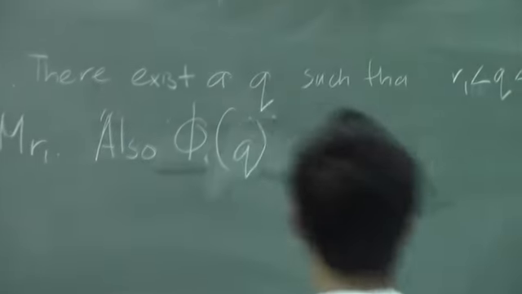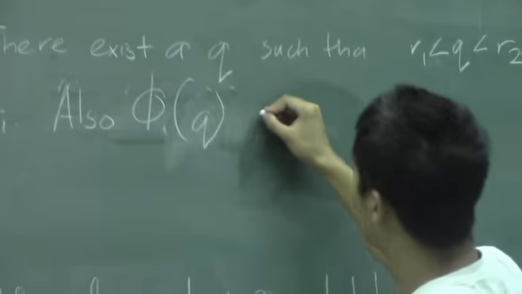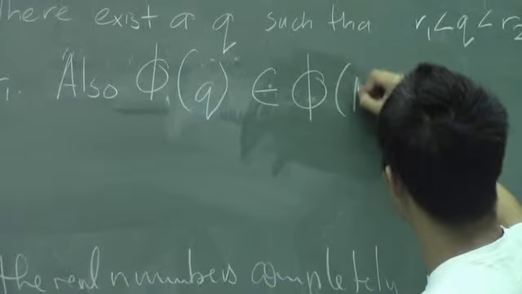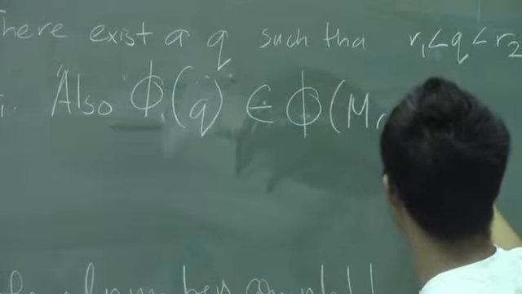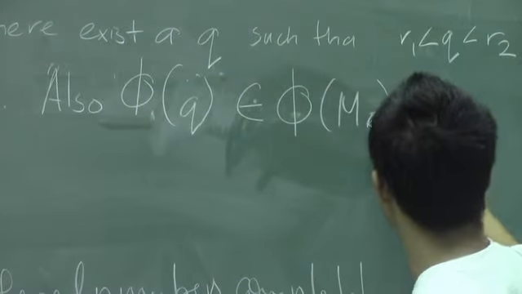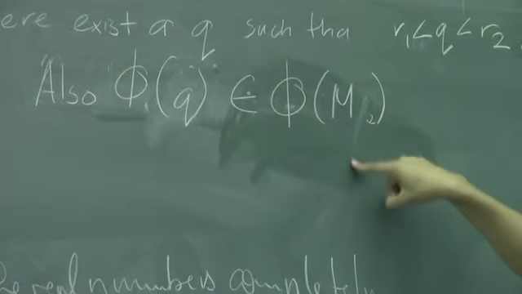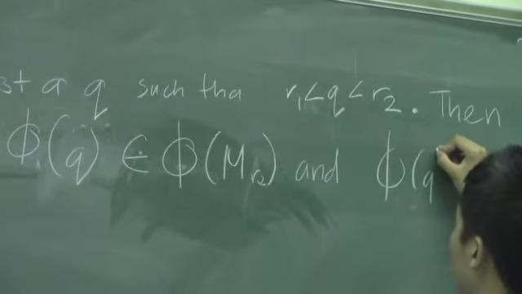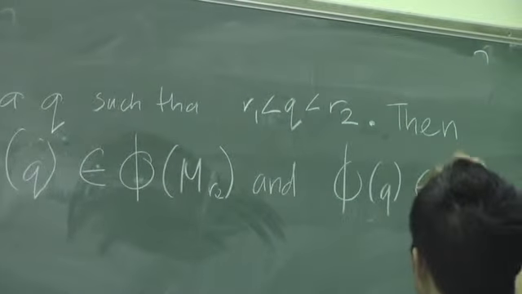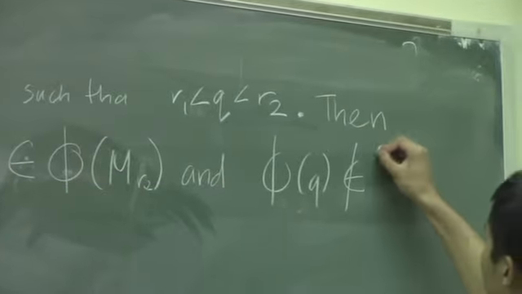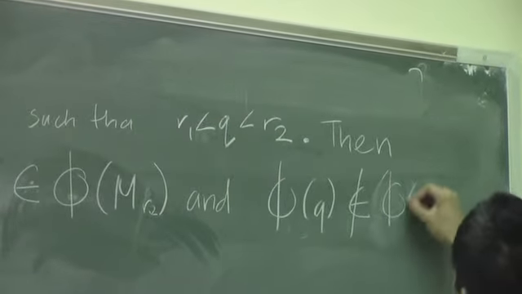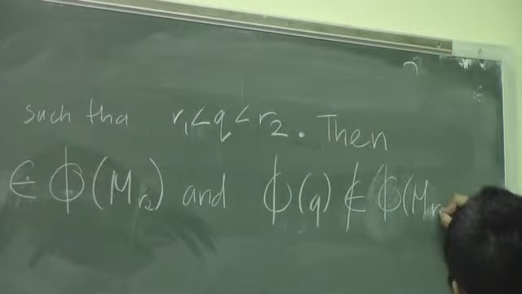Q belongs to phi of M r2, and phi of q does not belong to phi of M r1.